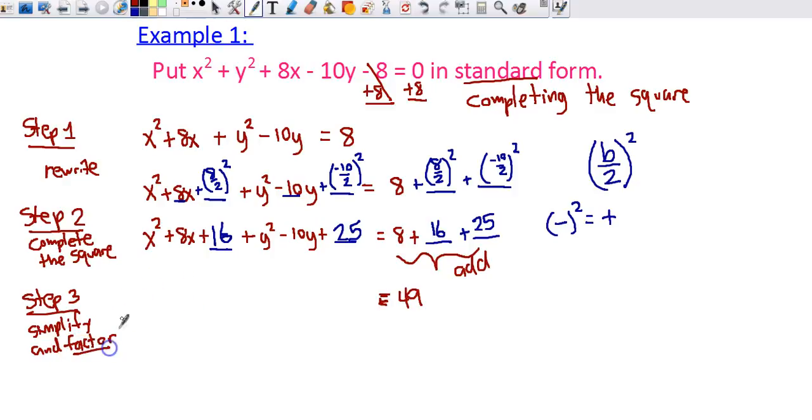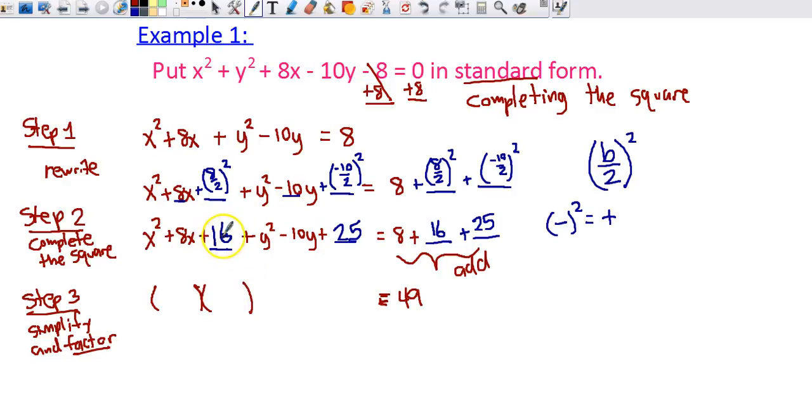The factor part comes from, I have x squared plus 8x plus 16. Can you think of two numbers that multiply to 16 and add to 8? Well, it turns out it's the same two numbers. So think about it.